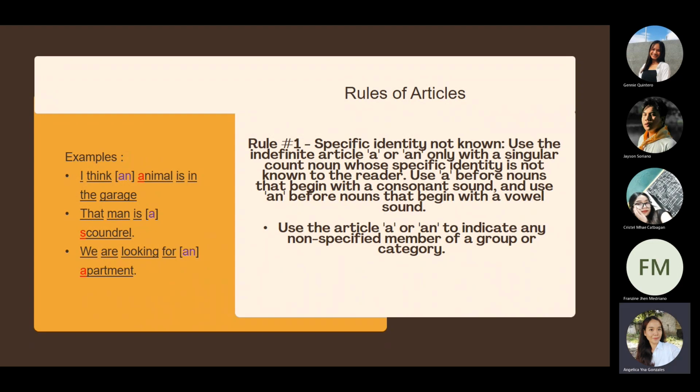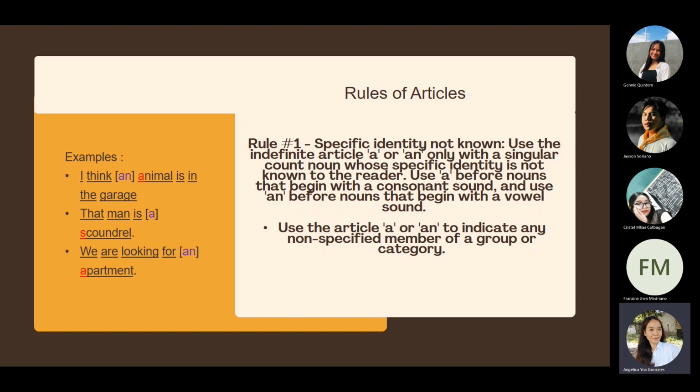Next is that we use a before nouns that begin with a consonant sound. So here we have the example, the man is a scoundrel. As you can see, a is followed by the word scoundrel, which has the initial s, and s is a consonant. So we use the indefinite article a and an before nouns that begin with a vowel sound.